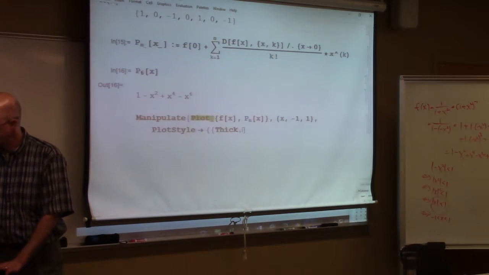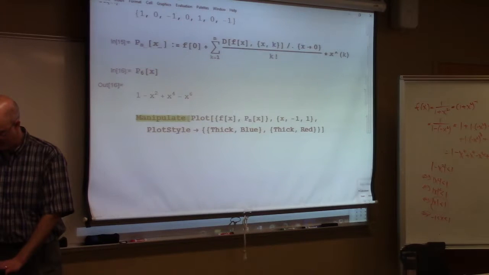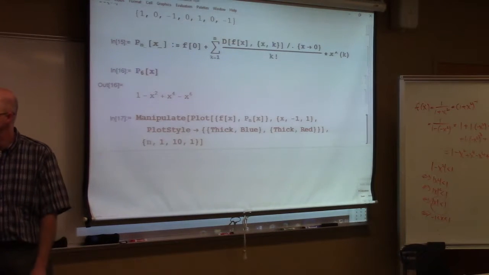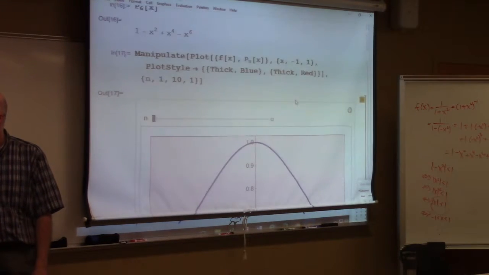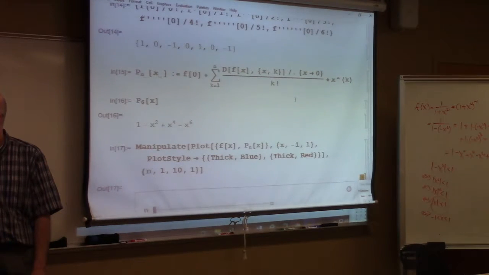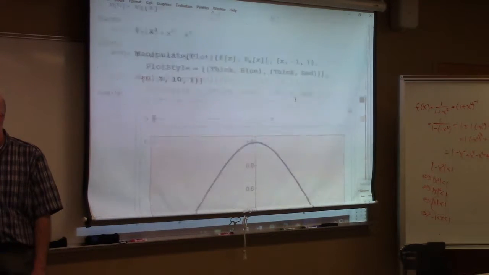The original function is going to be blue, and the Taylor polynomial will be red. I let n increase here, like this. Something's wrong here. What is wrong? Does it not like my Pn of x?